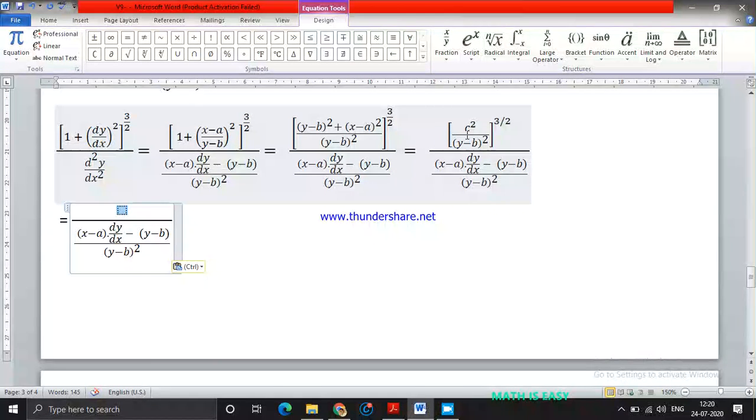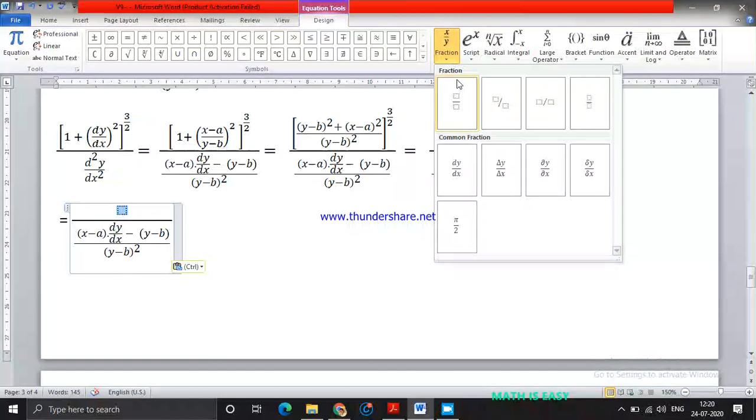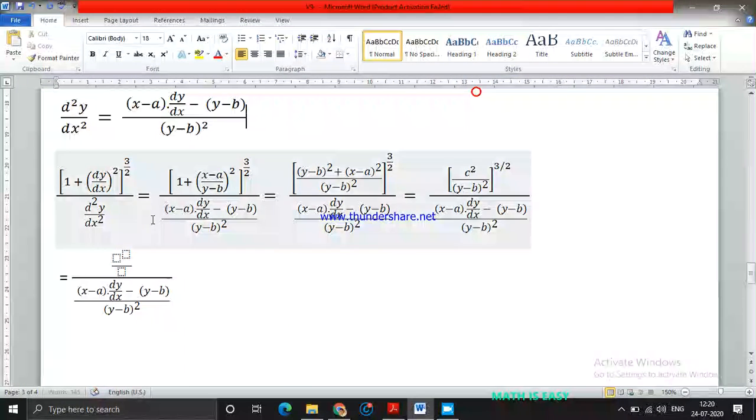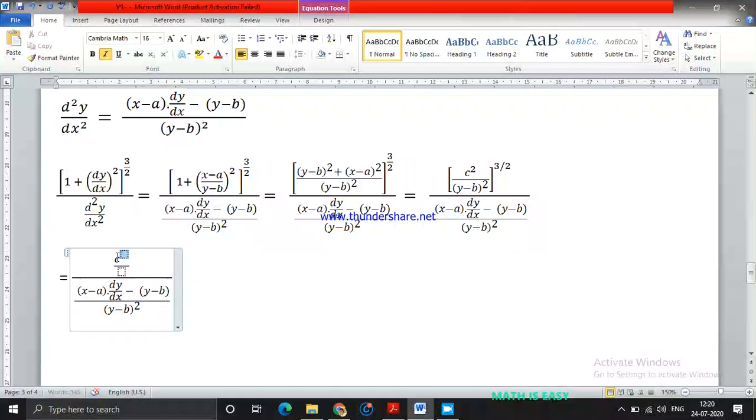Now see here, you can write this as c upon y minus b whole square, because c square upon y minus b whole square you can write as c upon y minus b whole square whole to the power of 3 by 2. So the 2 will get cancelled. Then finally you are left with c cube upon y minus b whole cube. Okay, so you have c cube.